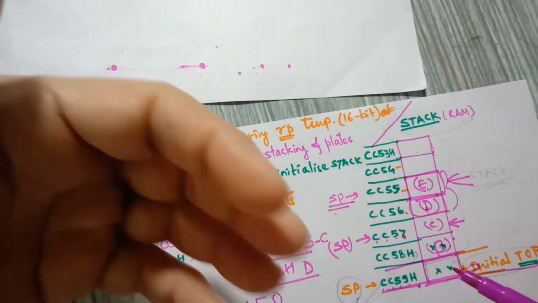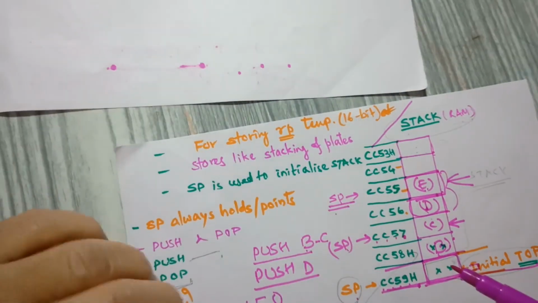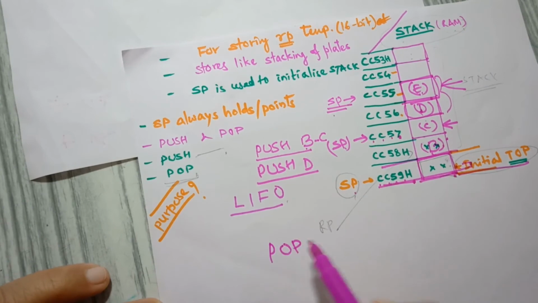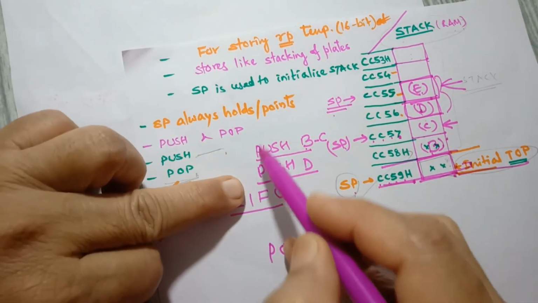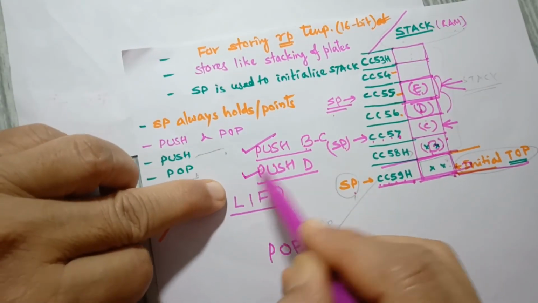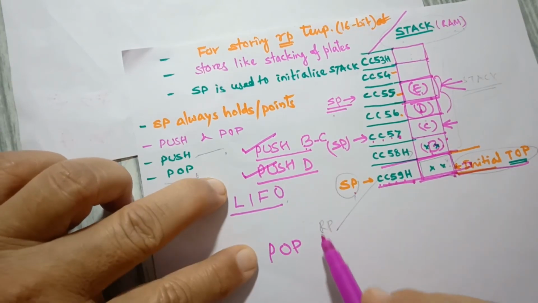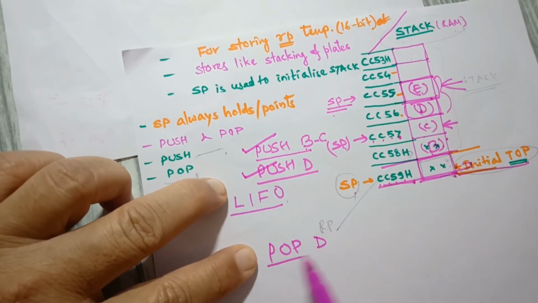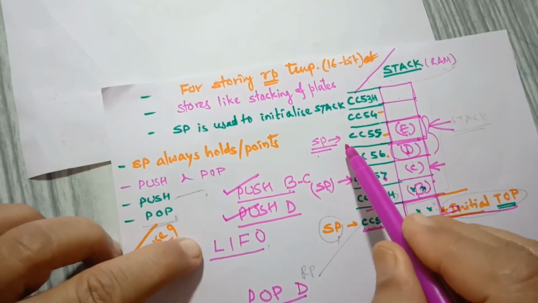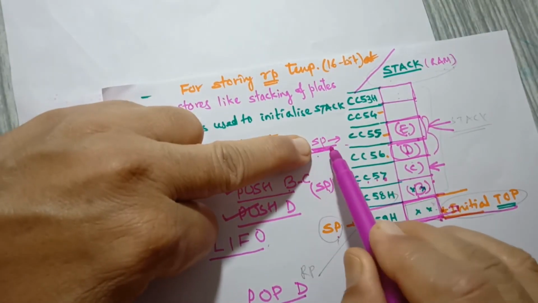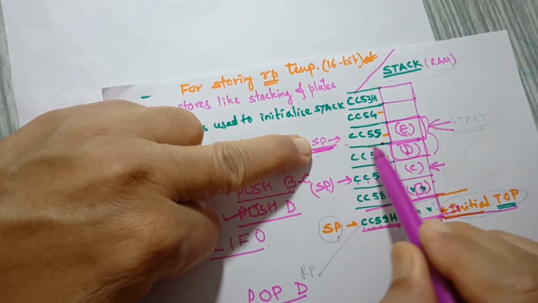The reverse of that, परत घ्यायचं असेल तर त्यासाठी कोणती इन्स्ट्रक्शन आहे? पॉप. So first we have pushed BC and then pushed D. Now I am popping DE first, pop D. So first of all, SP is at this position, pointing to the top.